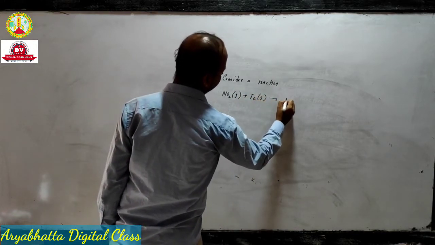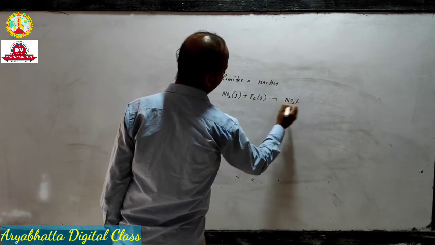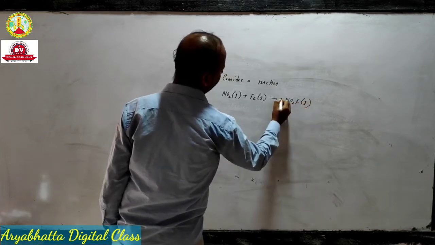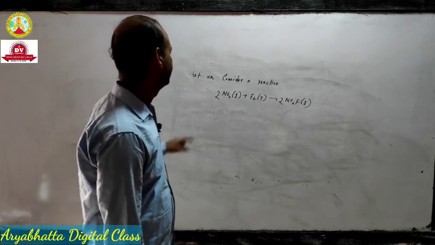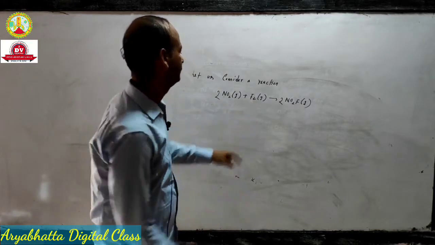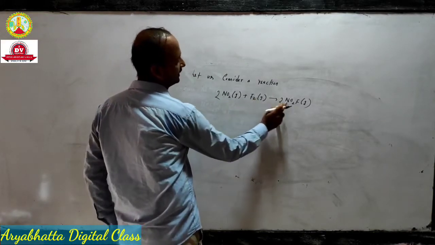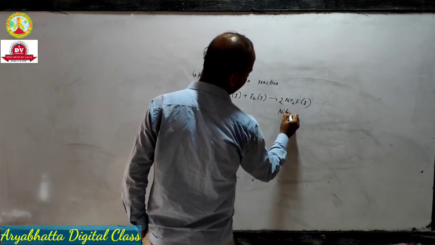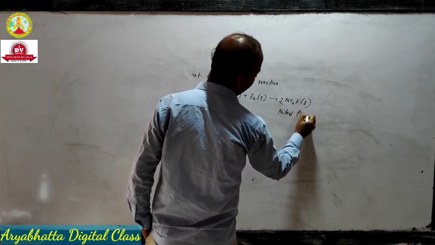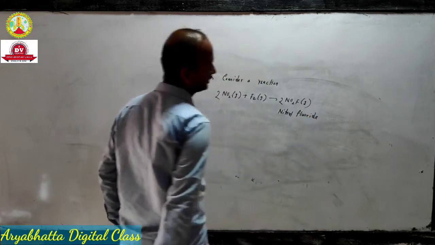Now let's say this is NO2F. Okay, after balancing you look at this and this. Nitrogen dioxide reacts with F2, and you will get NO2F. इसका नाम देखो, this is nitryl fluoride. इसको नाइट्रिल फ्लोराइड बोलते हैं.